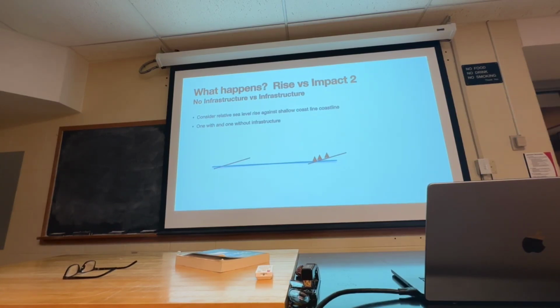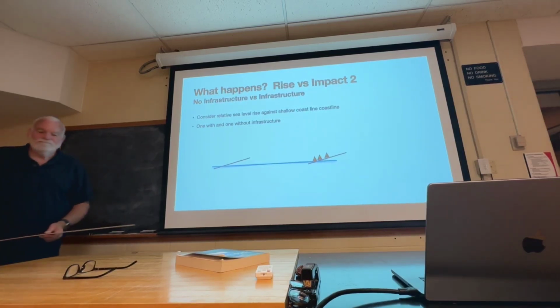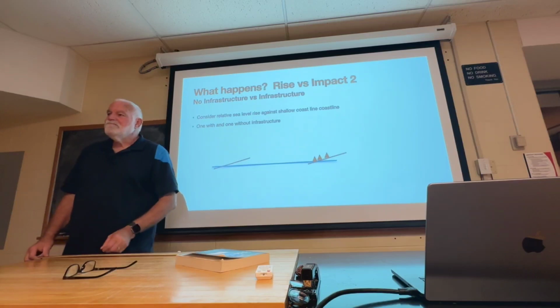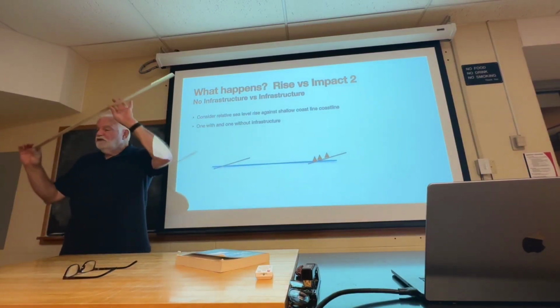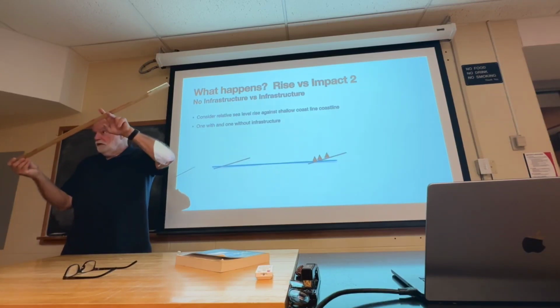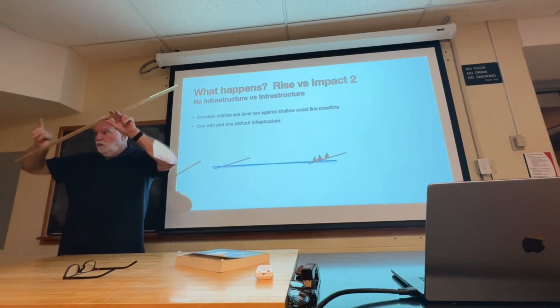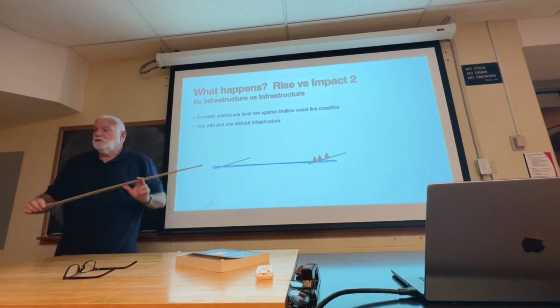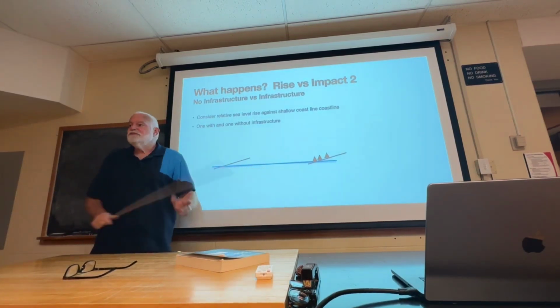I'm sorry? Why would the one without be impacted more? The way I've drawn them, they're both going to get the same, the total area covered by whatever rise in sea level is going to be the same, right? And what's the difference between this one and this one schematically?